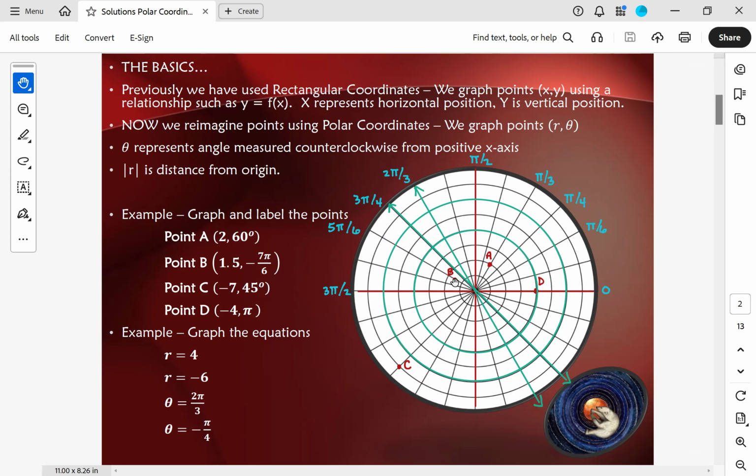Onwards to point C. 45 degrees is pi over 4. But now I have a negative r value. So my point goes what appears to be away from 45. Once you've identified your angle, I want you to think of that entire spoke in both directions as a number line where the origin is 0.